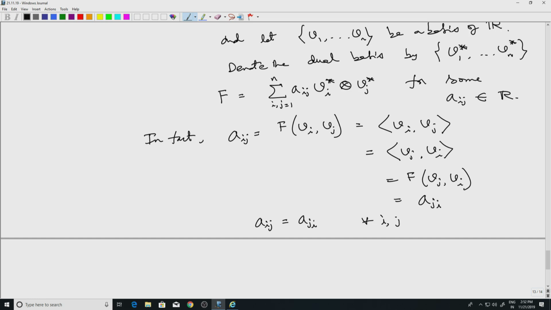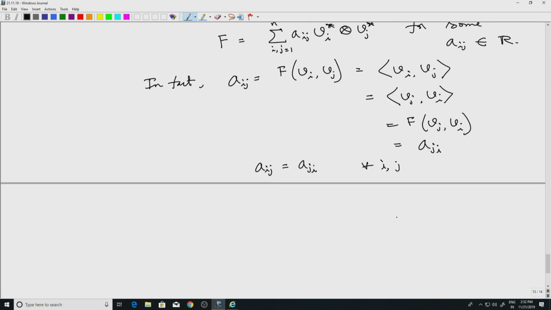And moreover, if v is not equal to 0, since f is an inner product, f(v, v) is greater than 0. This is just the inner product of v with itself being greater than 0.